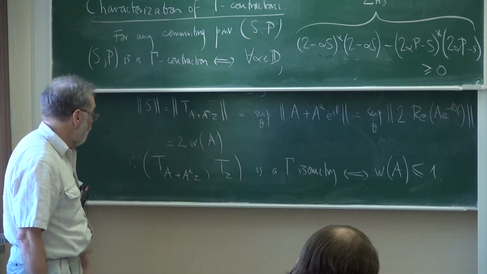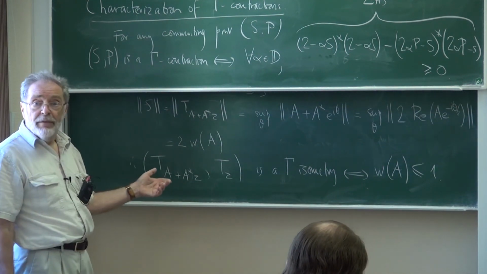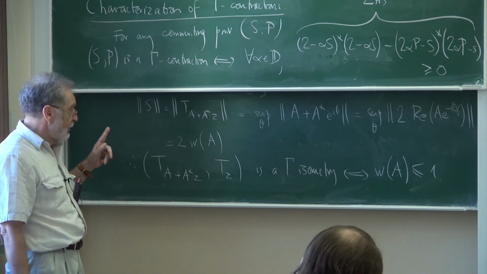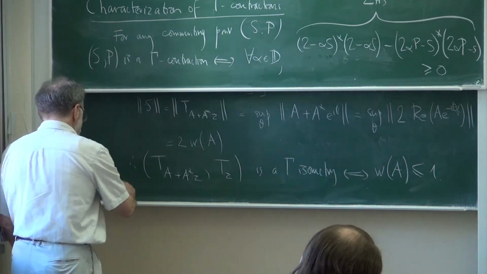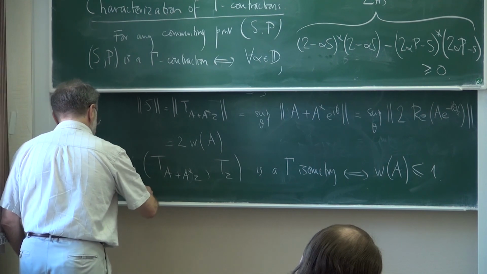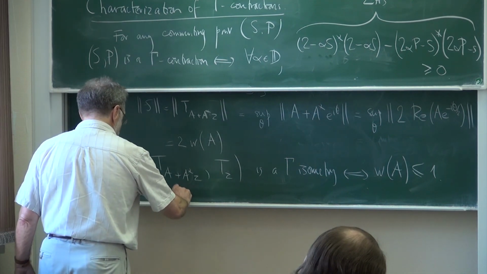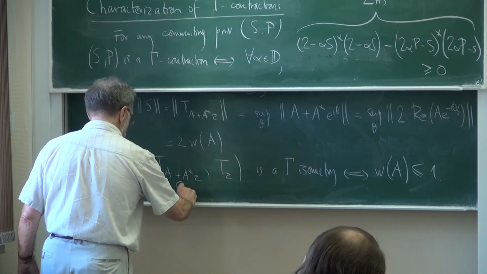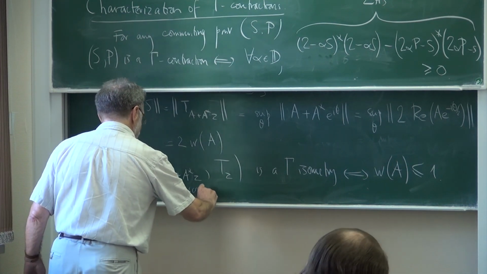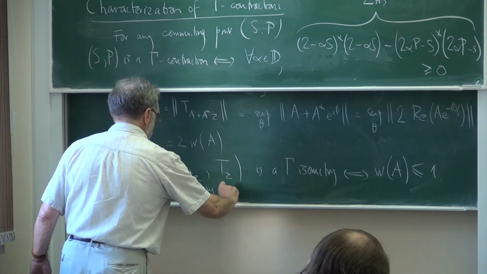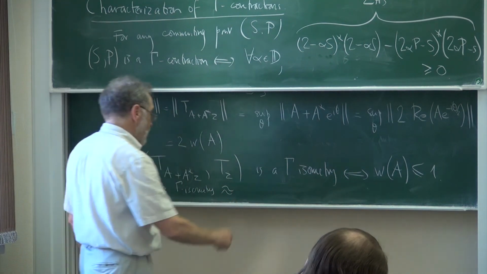So that was easy. And in fact, this gives you all pure gamma isometries. Every pure gamma isometry is unitarily equivalent to one of these.